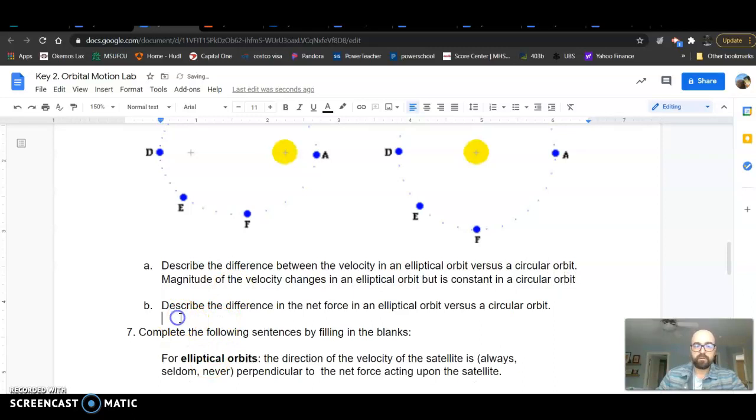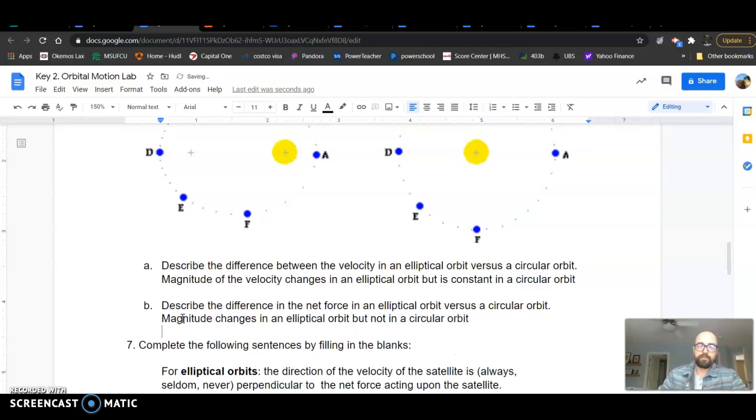Difference in net force, so it's really the same thing. The magnitude changes in an elliptical orbit, but not in a circular orbit. So that's a key difference between those things.